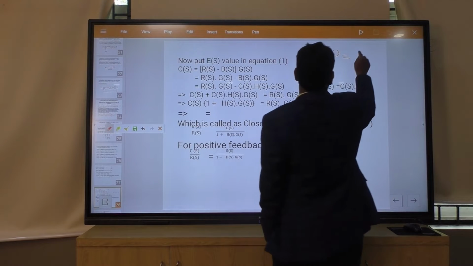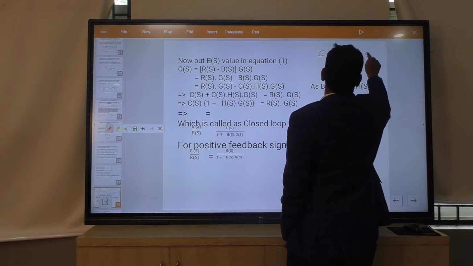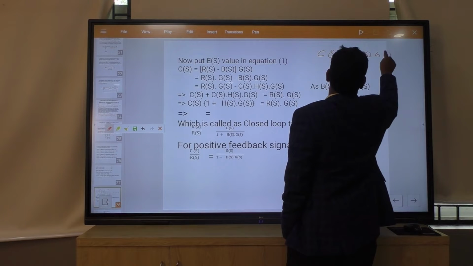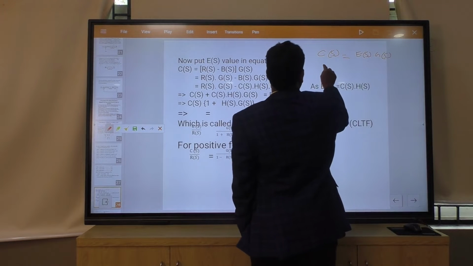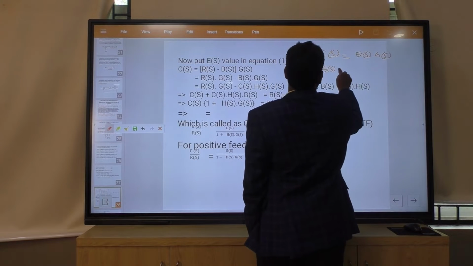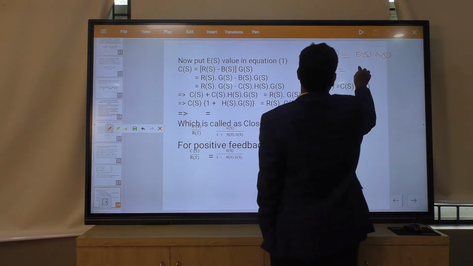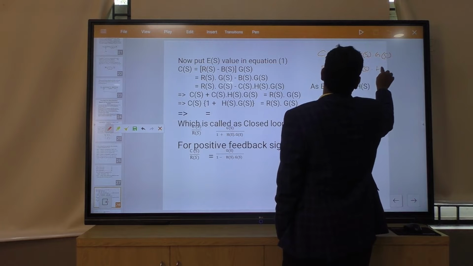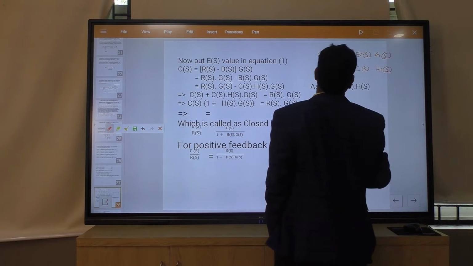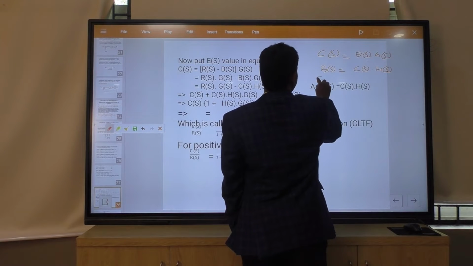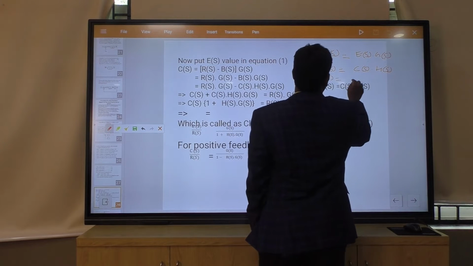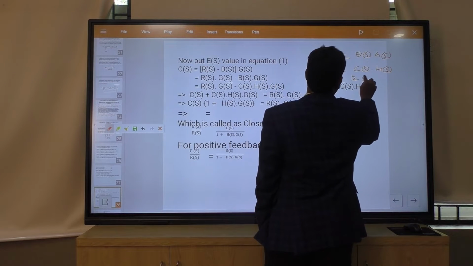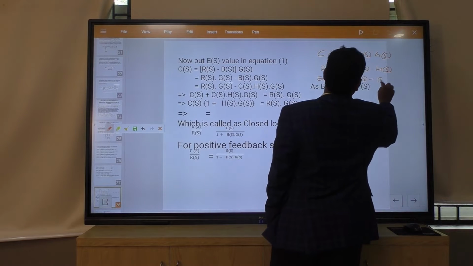C(s) is equal to E(s) into G(s). Second equation, B(s) is equal to how much? C(s) into H(s). Then E(s) is equal to R(s) minus B(s).